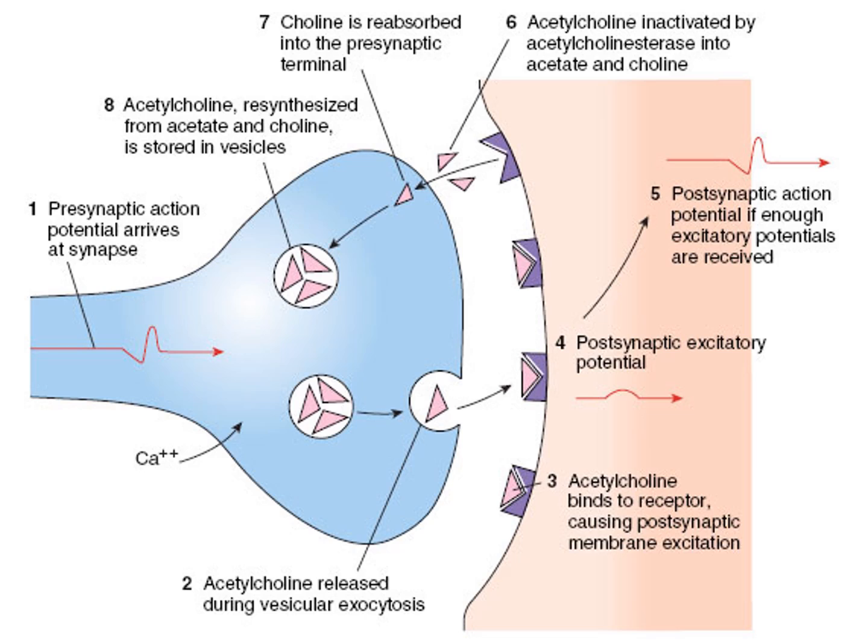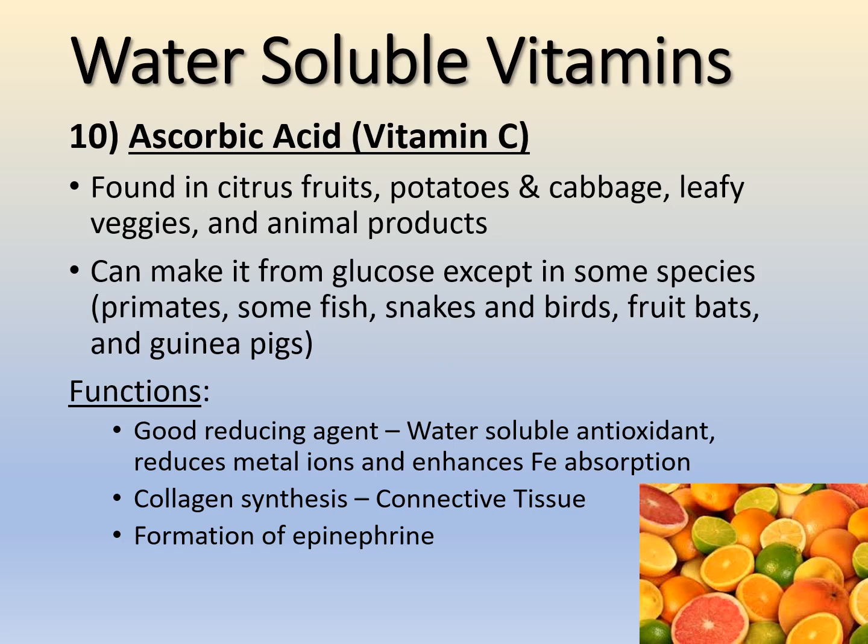So it helps to transmit that signal from one neuron to the next or to a muscle, whatever that may be. So acetylcholine is made up from acetate and choline and can be synthesized and broken down in this kind of synaptic area. Okay.